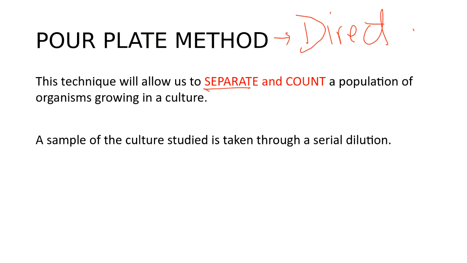Keep in mind, most cultures have millions of organisms per mL. You don't want to be counting millions of organisms, but if you make a diluted version of that sample and count only a few organisms, all you need to do is multiply by the dilution factor, and you'll get the number of organisms in the actual sample. And I'll show you how to do that here in just a second.